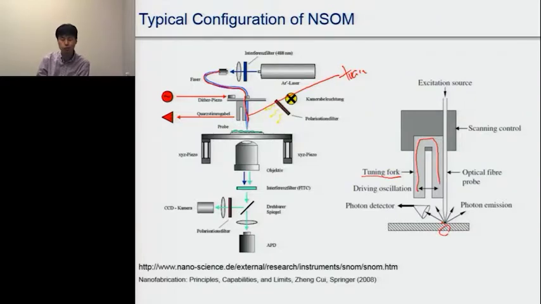If this is used for optical imaging, there are lenses and cameras positioned underneath the sample, so you can do the optical imaging that way. But for the particular application we will discuss today, we will use this for lithography, so this configuration may not be needed for transferring those patterns.